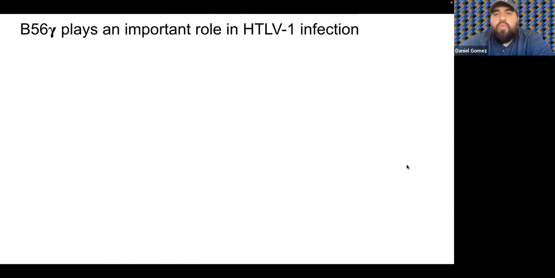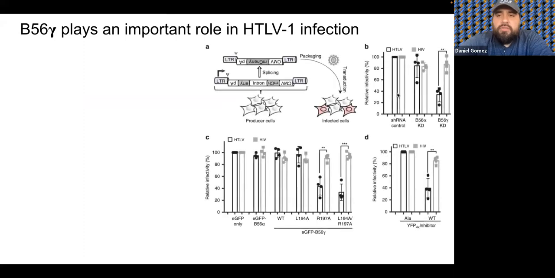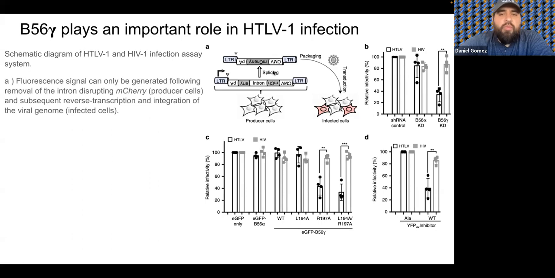B56 gamma plays an important role in HTLV-1 infection, so here we have some of the functional analysis. Here's a schematic diagram of the HTLV-1 and HIV infection assay system. In A, we have a fluorescent signal generated following the removal of an intron, disrupting this mCherry.